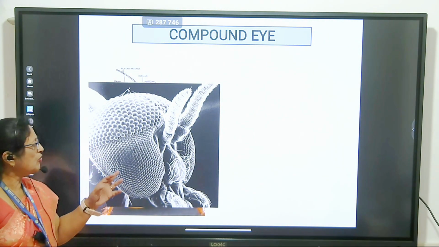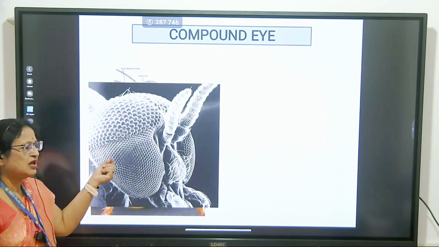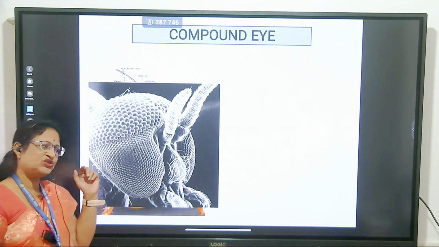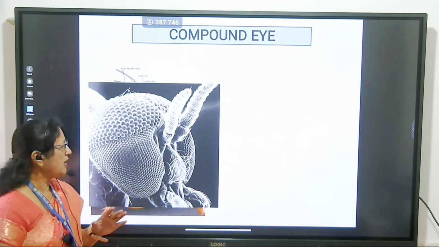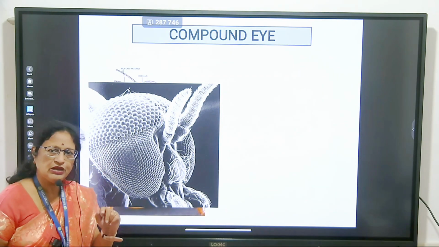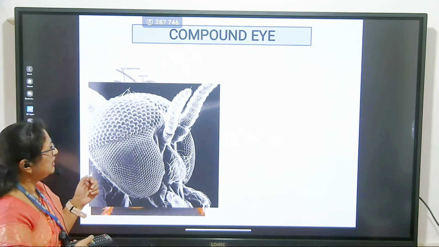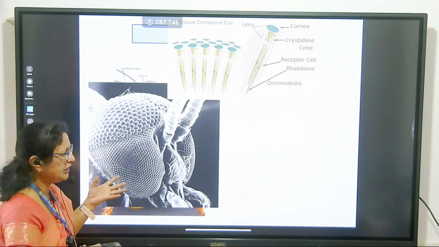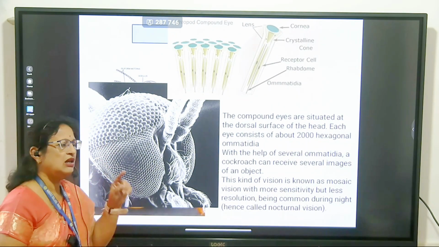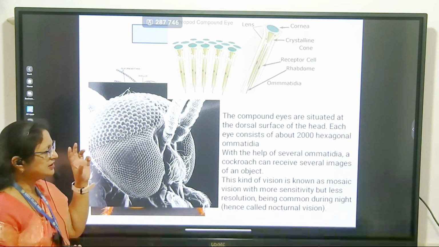These compound eyes are made up of smaller structures which are hexagonal in shape, and they are called ommatidia. Each ommatidium forms a single image, and all the images formed by all the ommatidia are collected together, and then a single blur image is produced by the compound eye.